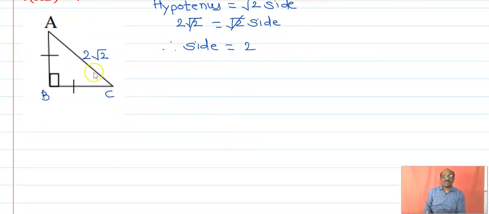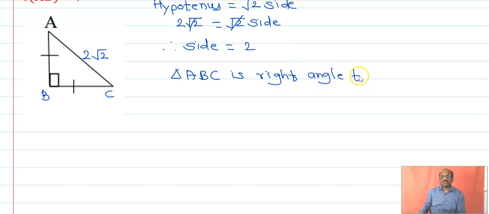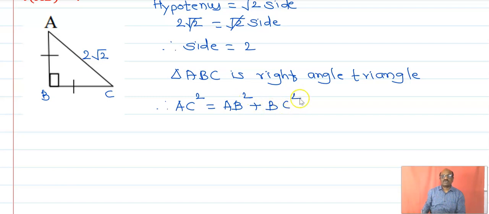Or you may write it as: triangle ABC is a right angle triangle, and therefore AC square is equal to AB square plus BC square.